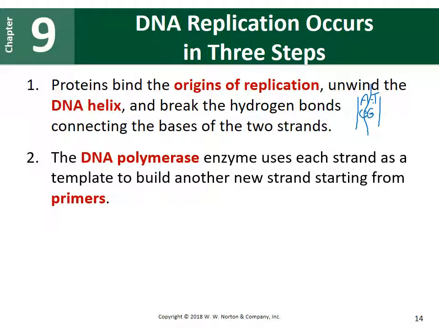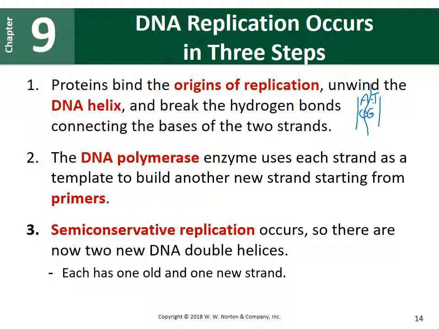So we have to put primers on that indicate to the DNA polymerase where it should attach on, and then that's when those complementary strands will be created. And this is done in a semi-conservative manner. So this is called semi-conservative replication, which means that there are two new double DNA helices.